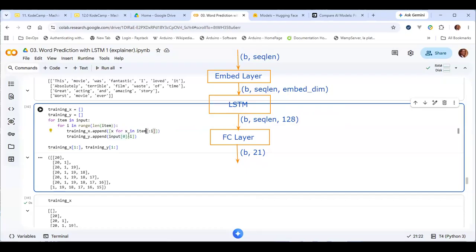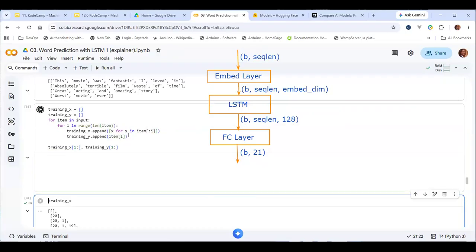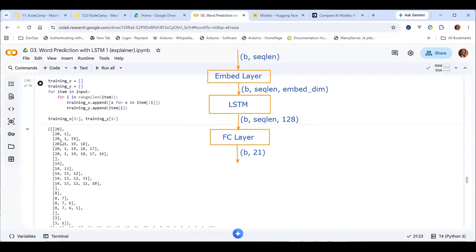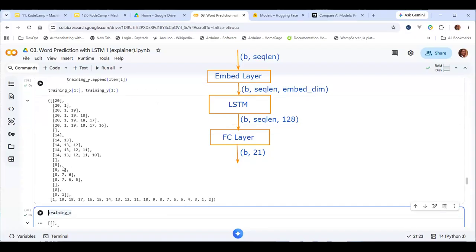So this will now be for all the sentences, right? So if I run this, you can now see I have the same thing for all sentences, right? And the Y's will also correspond. So I basically stack all of them into a single list, right? But they have differing lengths.